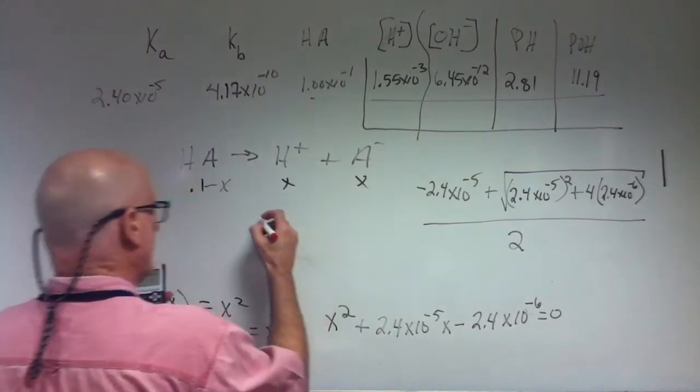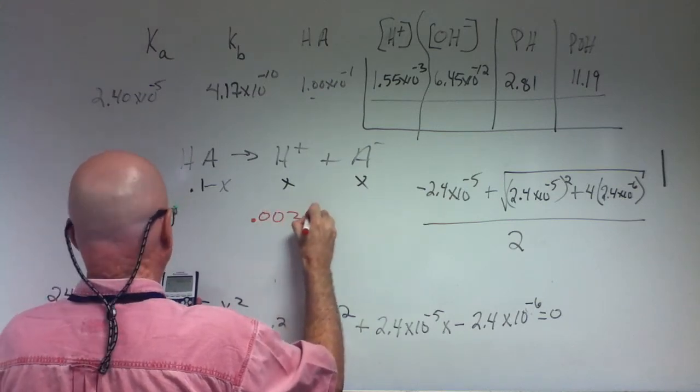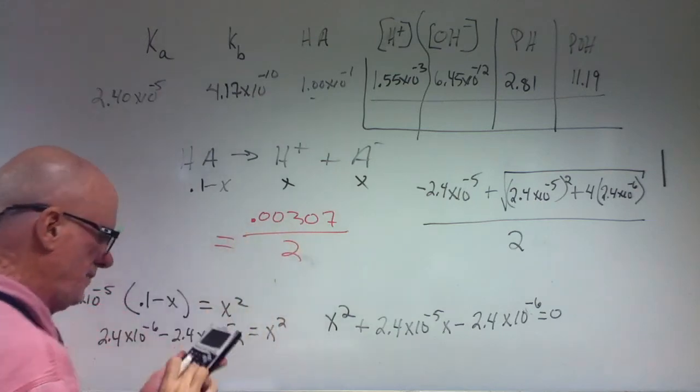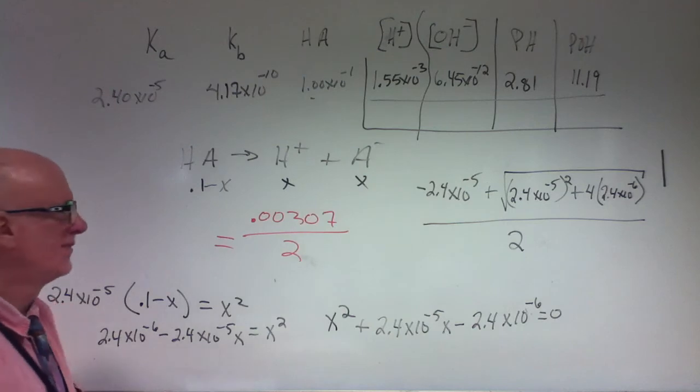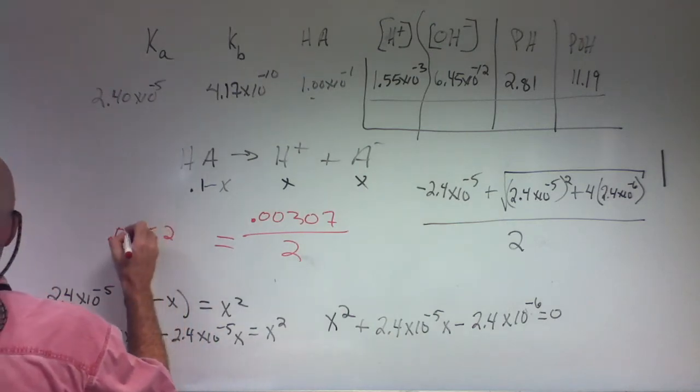Equals 0.00307 divided by 2, which equals 0.000152. Is that what you got?